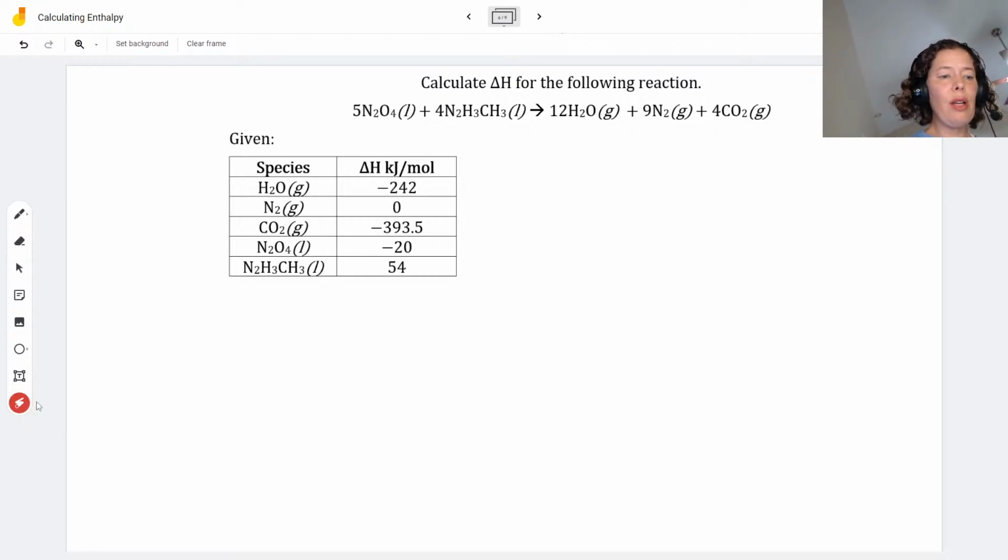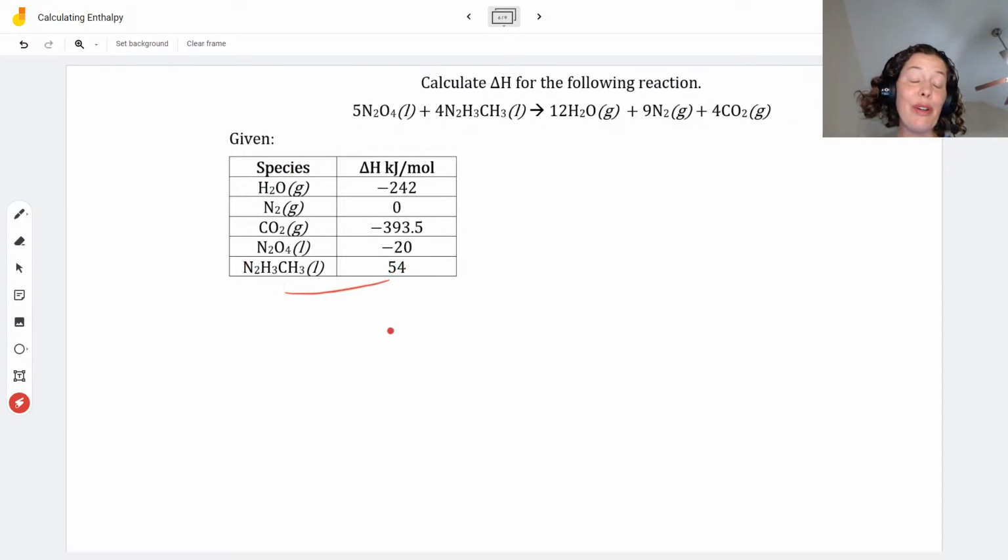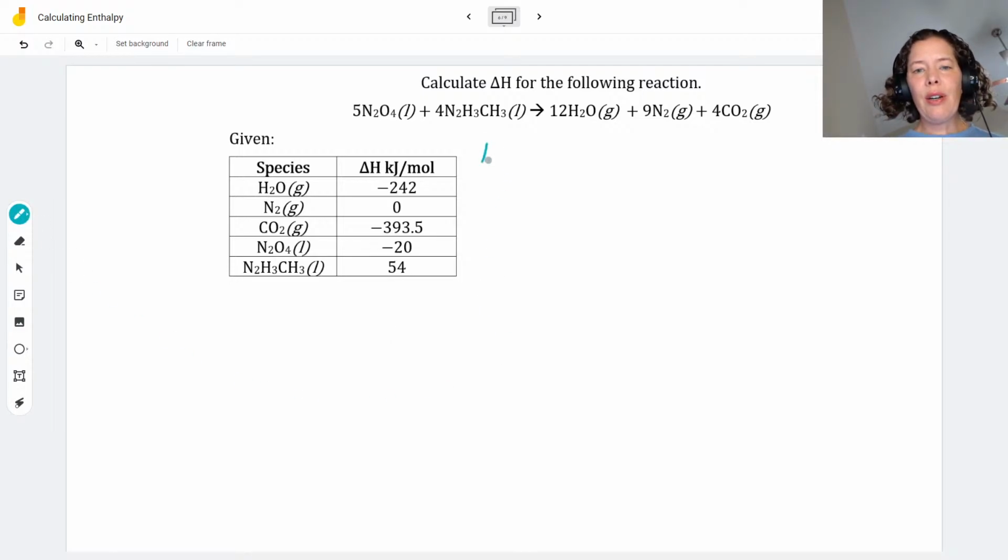All right, so the reaction we're gunning for is right here. And again, we are given a table specific for our problem, which makes our job a little bit easier. So to write our equation, I'm going to be doing the sum of n of the products minus the sum of n of the reactants.